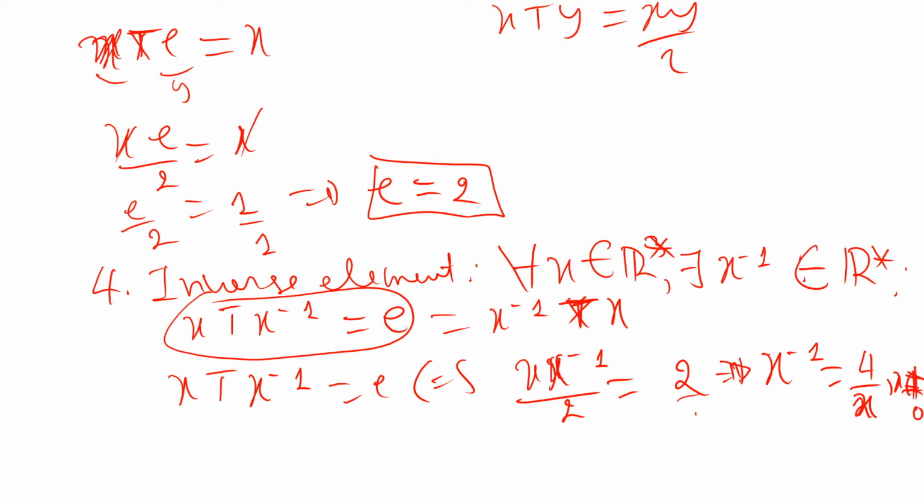And we know that in R star, where 0 is excluded, automatically x should be different from 0. Then we conclude that an inverse element exists. We are able to find the inverse of any element, because we just have 4 over x where x is different from 0.